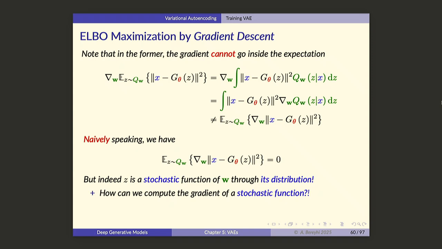Is everybody clear why this is challenging? This is why this is not classical backpropagation. The whole challenge is that we want to take the expectation of a random function, and that random function depends on the parameter we are differentiating with respect to, but not in a deterministic form, in a stochastic form.